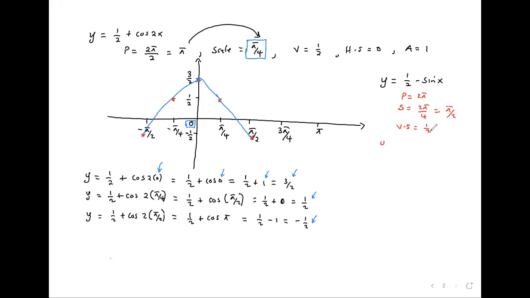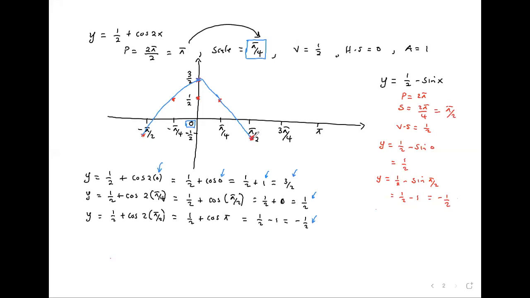So what we'll do is we just get the critical points. We'll say half minus sine 0. This will give us half straight away. So we have a point here. Then y is equal to half minus sine, now getting pi/2. That is half minus sine pi/2, which is 90. That's 1. So we get half minus 1, which is negative half. So we have a point here.